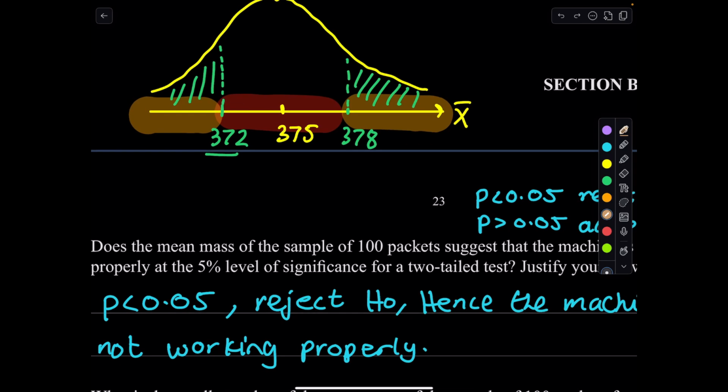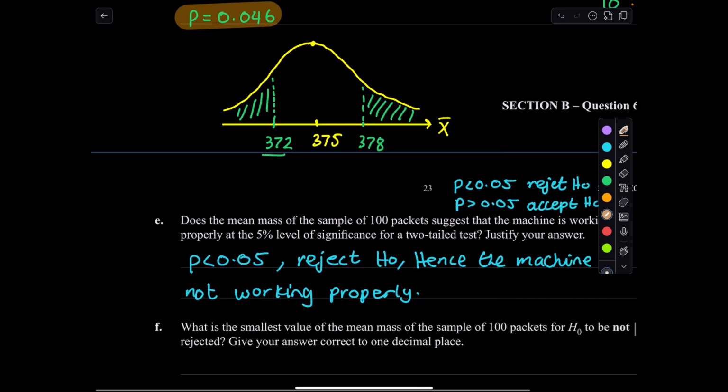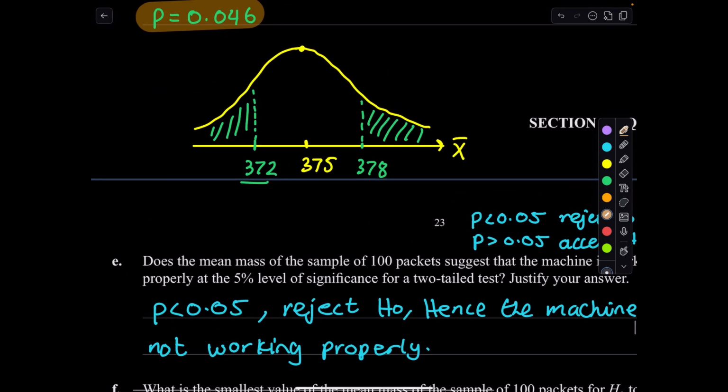How do I find that smallest part? Because of the 5% level of significance and the symmetry, each tail has to be 0.025, and they add up to 0.05.